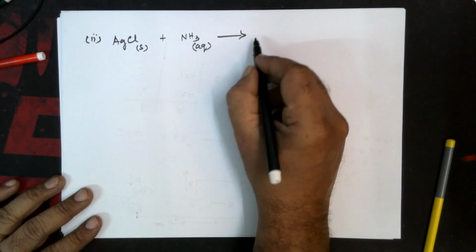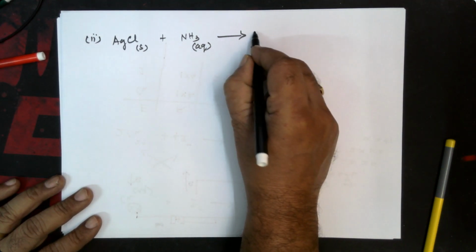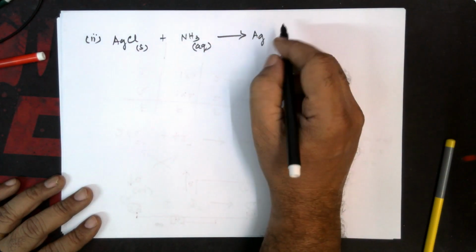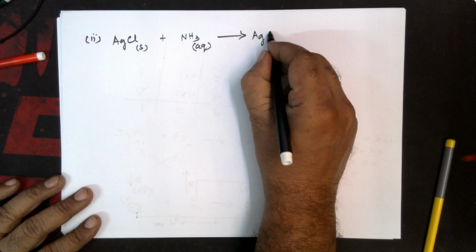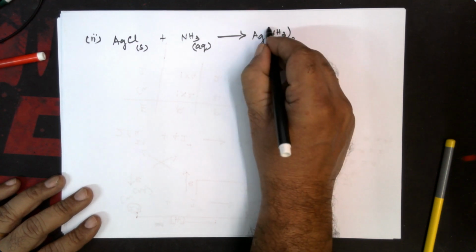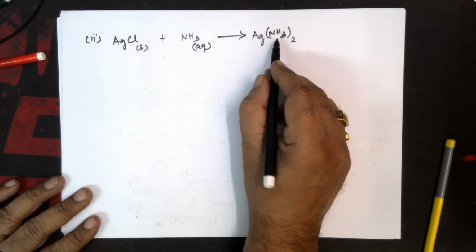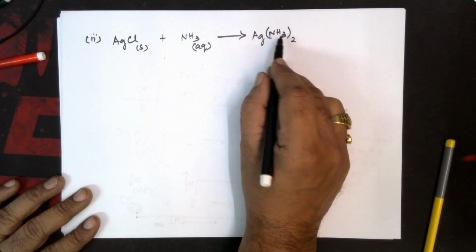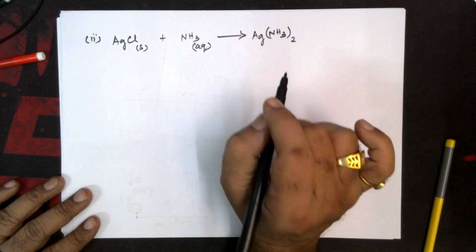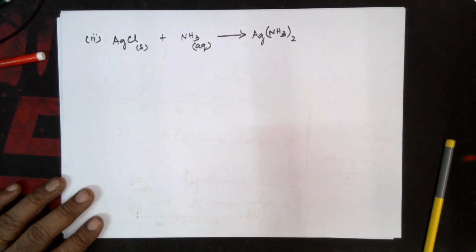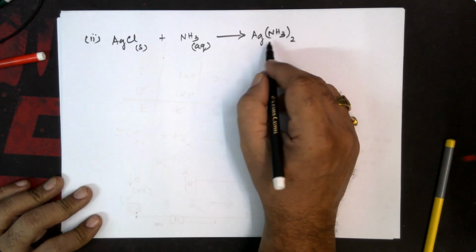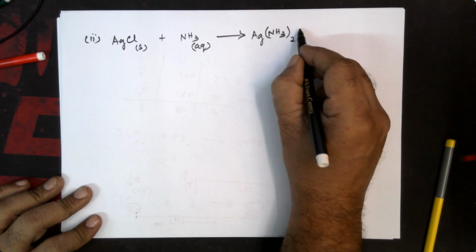And it gives Ag(NH3) twice. This is diamine, not ammonium, diamine. Diamine means 2 NH3. So Ag(NH3)2, this is the ligand, and Cl.